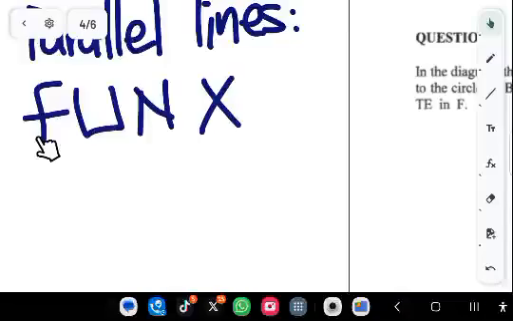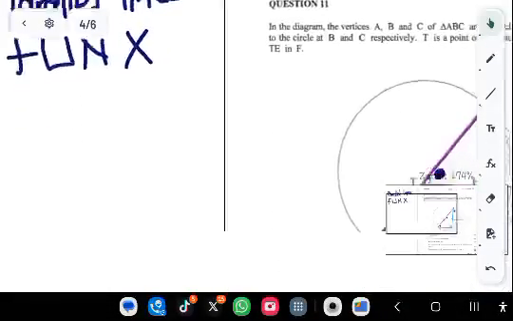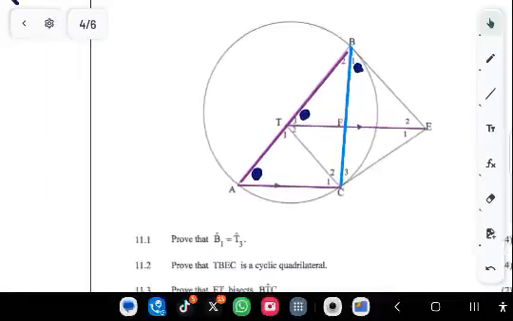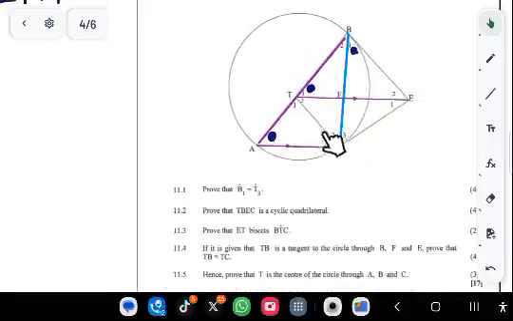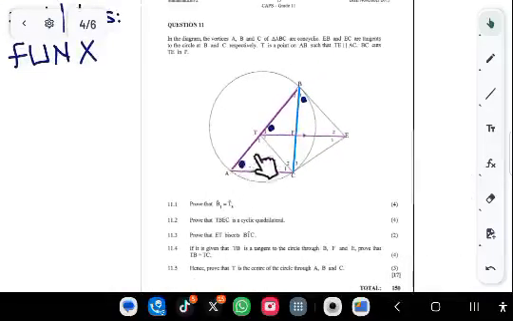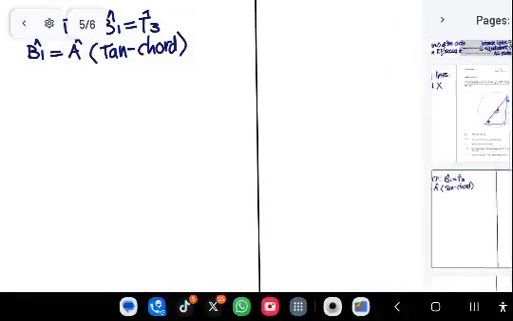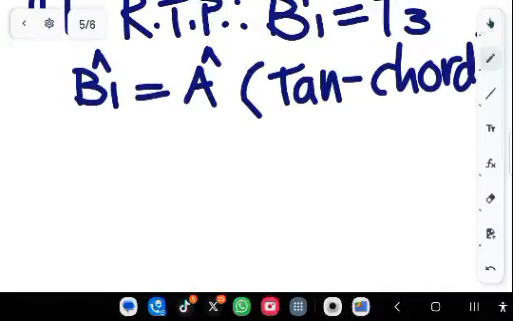So these are your corresponding angles, co-interior angles, and alternate angles, and then vertically opposite angles. So these two will be equal. Therefore, A equals T3 because AC is parallel to TE, and these are corresponding angles. F forms corresponding angles.